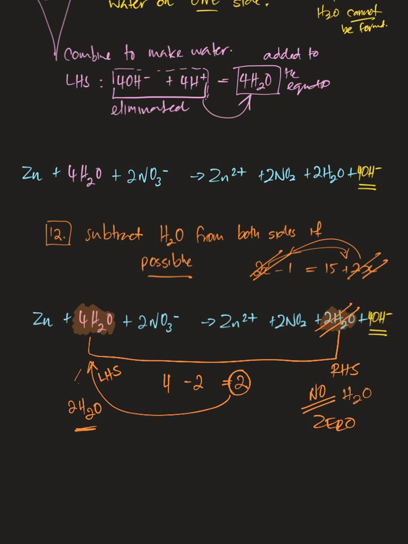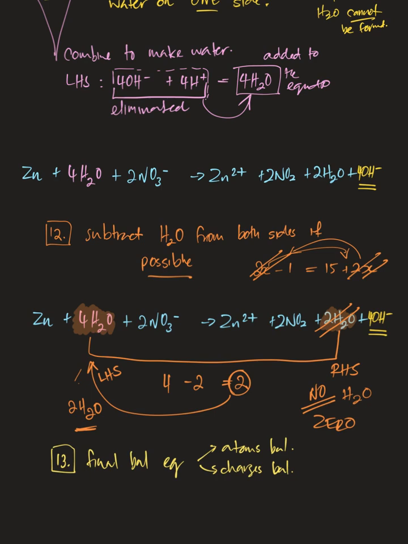All right, the next step is step number 13. In step 13, we want you to write a final balanced equation where the atoms are balanced and the charges are also balanced.